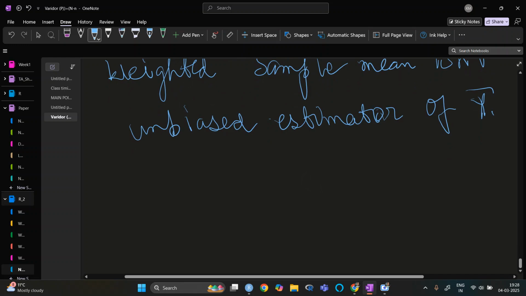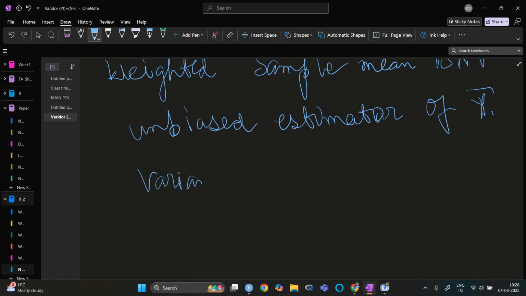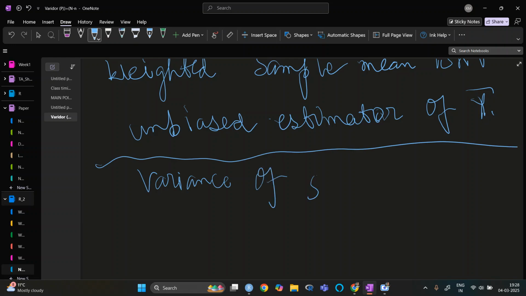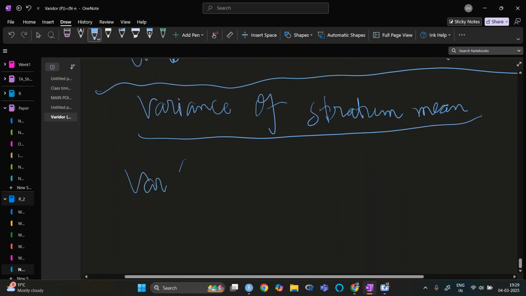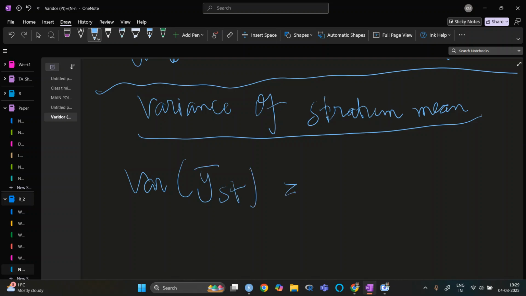Okay, so now the variance of the stratum mean. The variance of stratum means is the variance of ȳ_st.